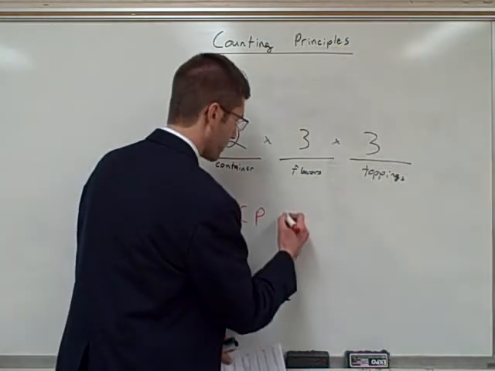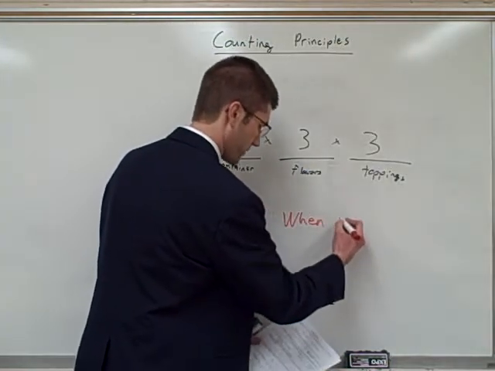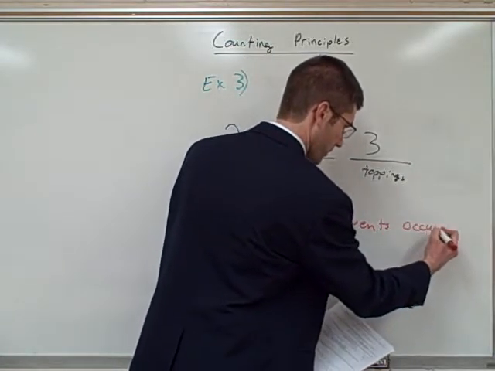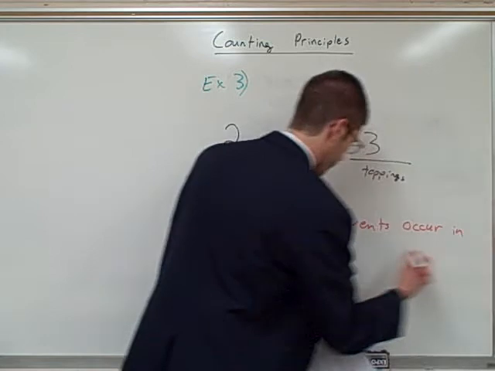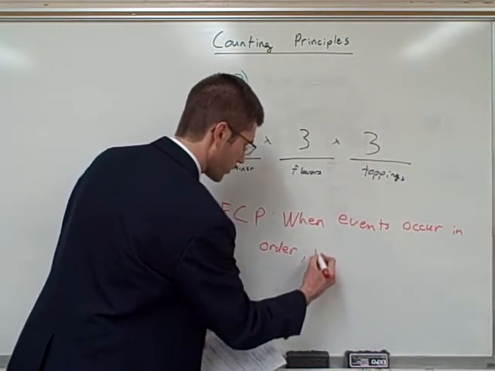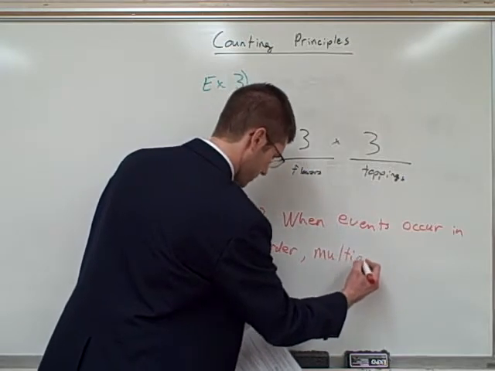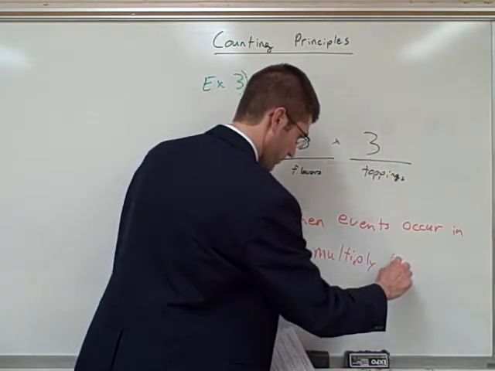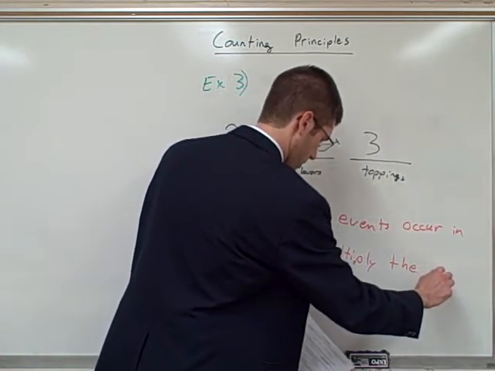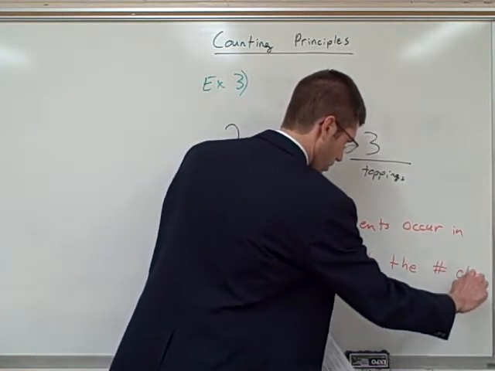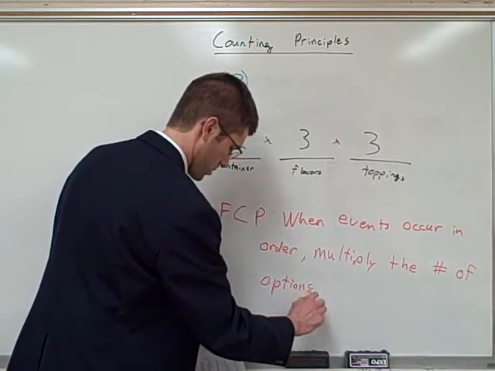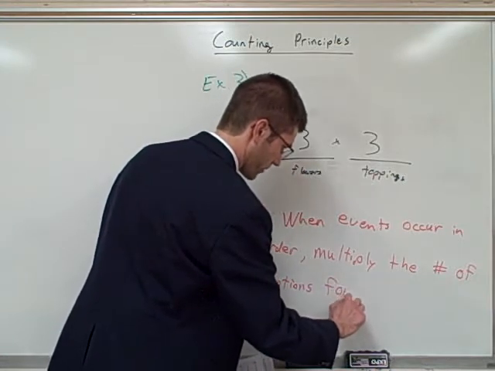And this is going to be when events occur in order, then we should multiply the number of options for each event.